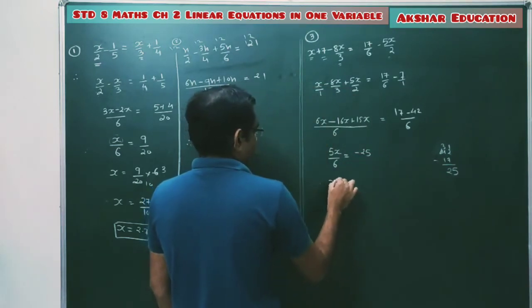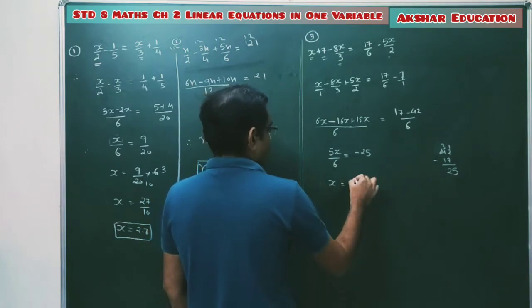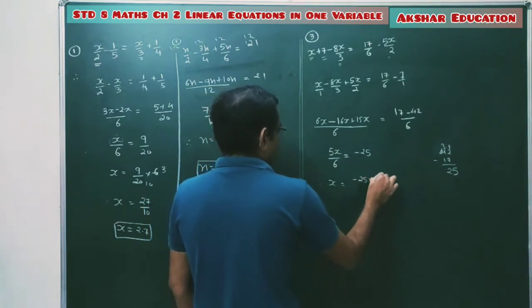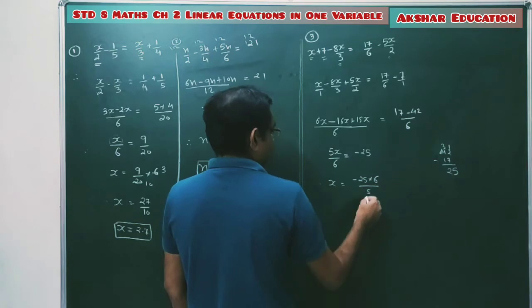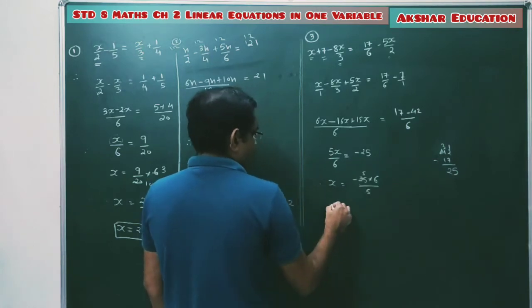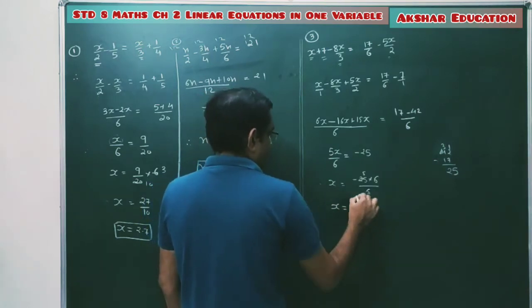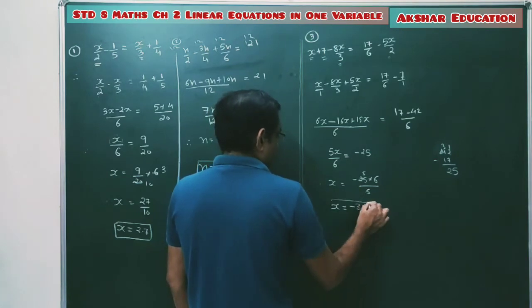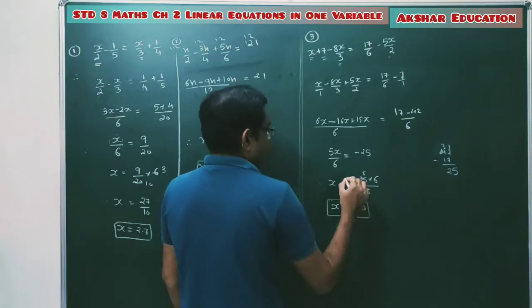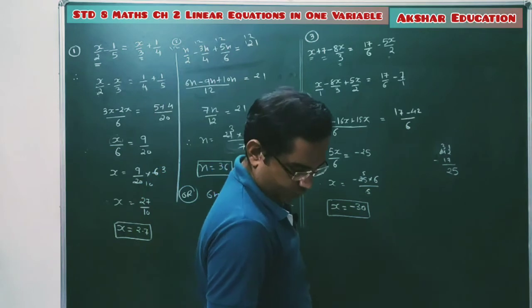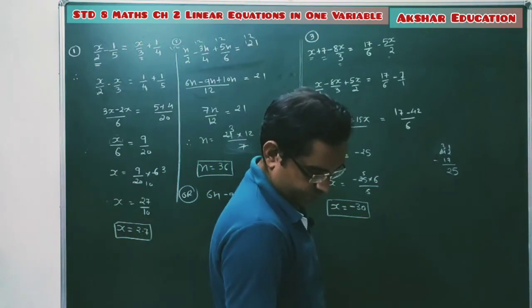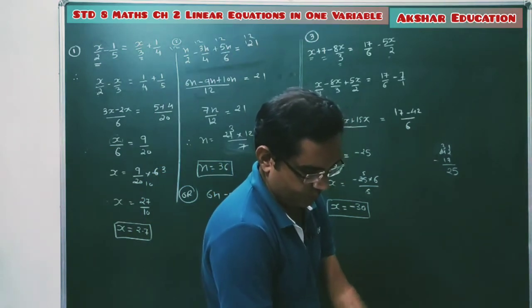Therefore our x equal to, this 6 will go into multiplication, so minus 25 into 6 by 5, 5 5s are 25. So our solution x equal to 6 5s are minus 30. x equal to minus 30 is the solution of this given equation.